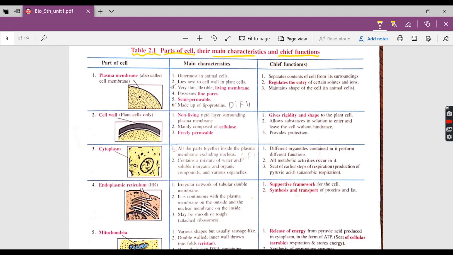It is the outermost layer in animal cells, and it lies next to the cell wall in plant cells. It is very thin, flexible, and a living membrane. It possesses fine pores and it is semi-permeable in nature, which means it allows some substances to pass through it and does not allow others to pass through it. It is also important to remember that it is made up of lipoproteins. Its chief function is to separate the contents of the cell from its surroundings.